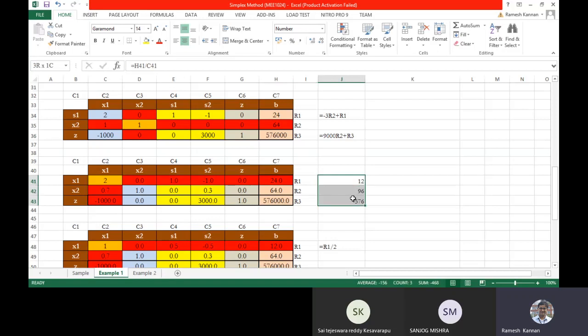Among these, the least positive value is 12, so that row corresponds to the key row.